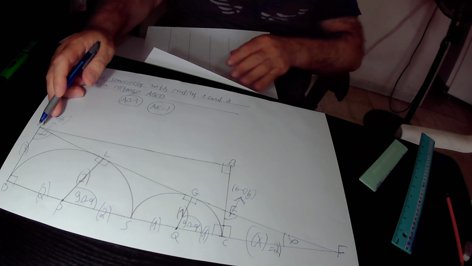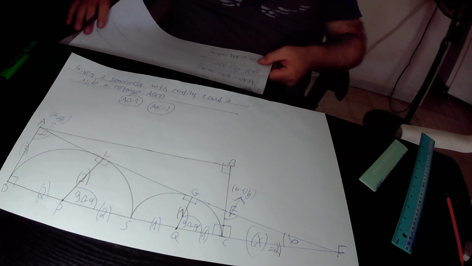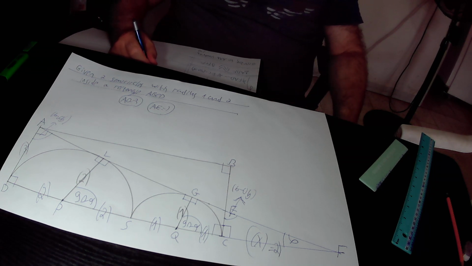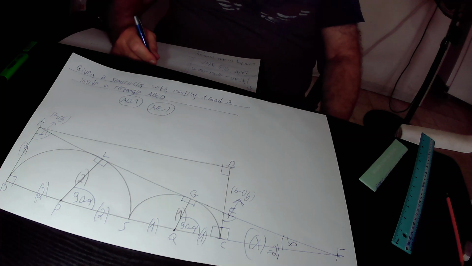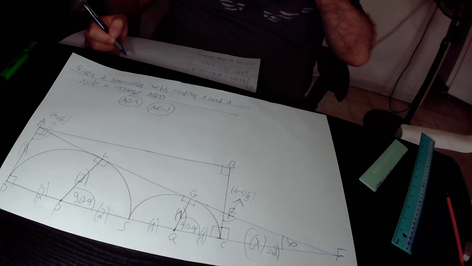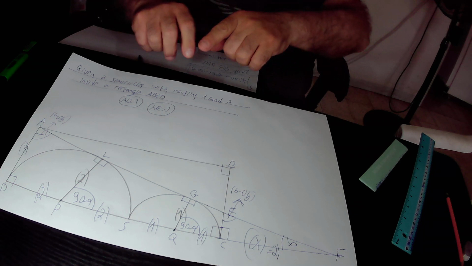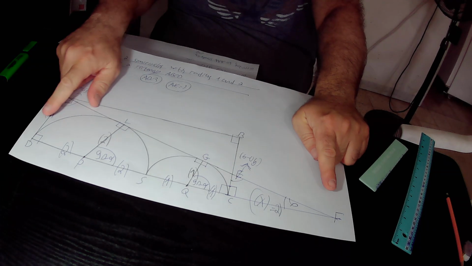AD equals 3 according to what is given in the question. So it is 3 over EC. EC is the missing side, so we leave it as it is. And it is equal to DF. What is the length of DF?